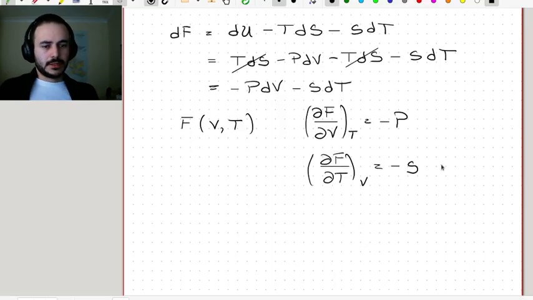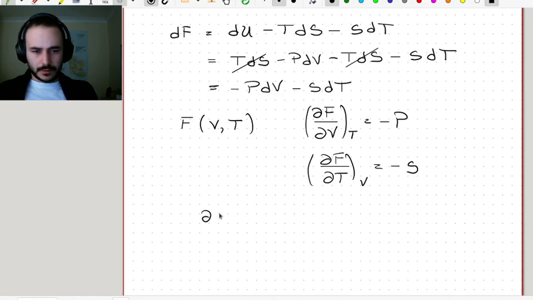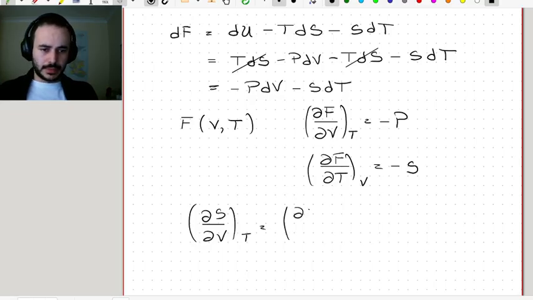So now that we know this, we can do the exact same thing that we did with the internal energy. We can apply Schwarz's theorem to say that the partial derivative of S with respect to V at constant T is equal to the partial derivative of P with respect to T at constant volume.